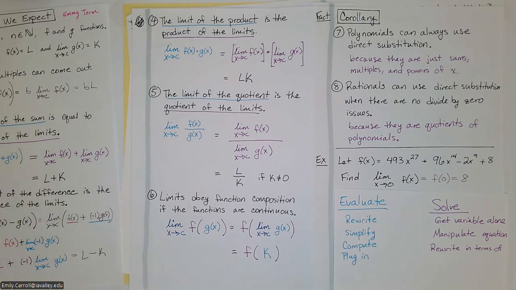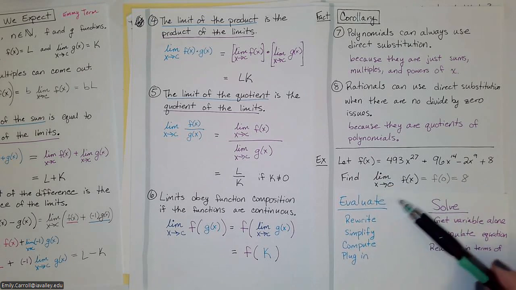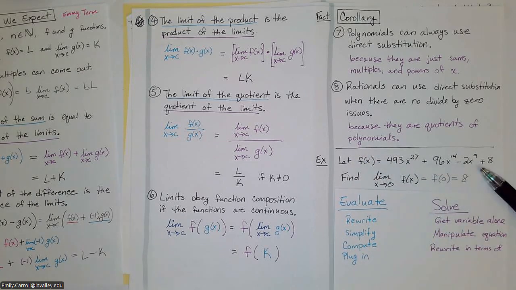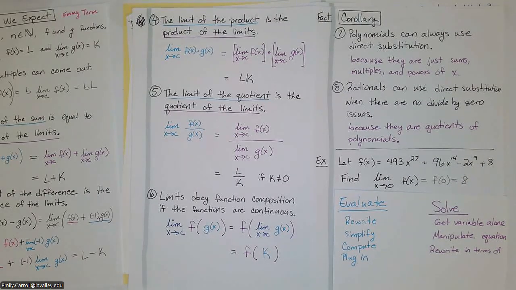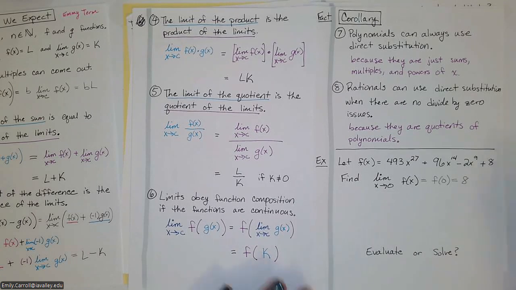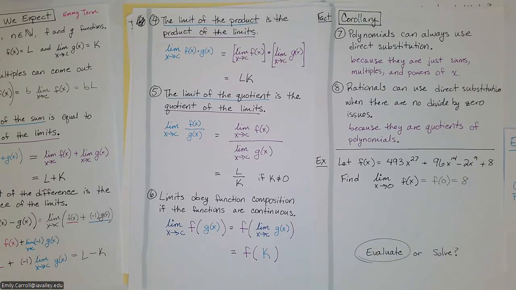I'm evaluating because I'm taking the 0 and plugging it in to the f of x to get 8 as the output. So evaluating is when you put something in and get a number out.